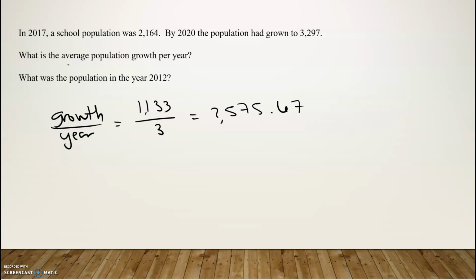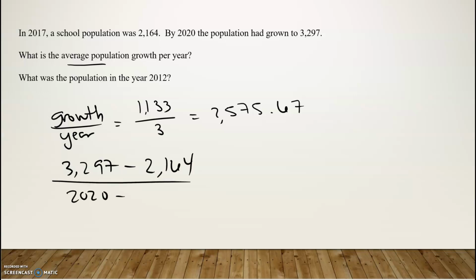Okay, remember, average is the same thing as slope. So basically we found the slope. Because how we got the 1,133, we did 3,297 minus 2,164. And we did 2020 minus 2017.